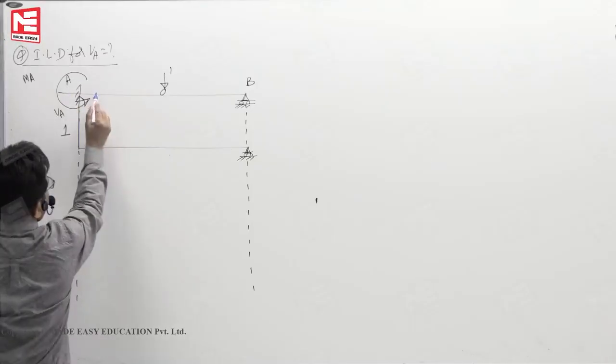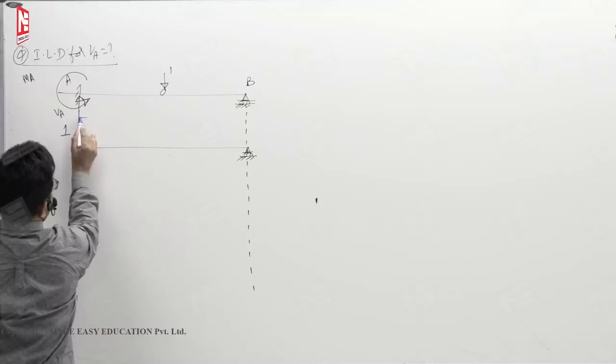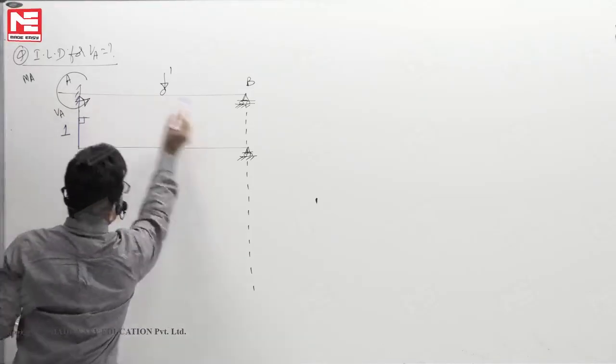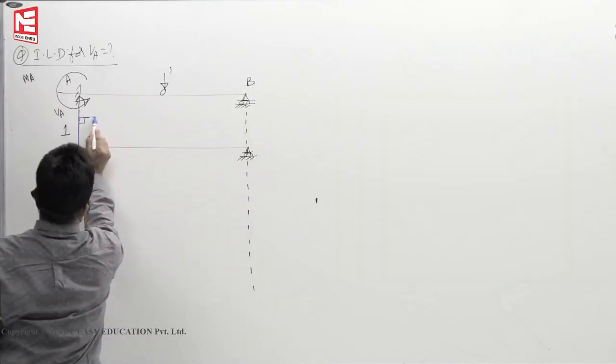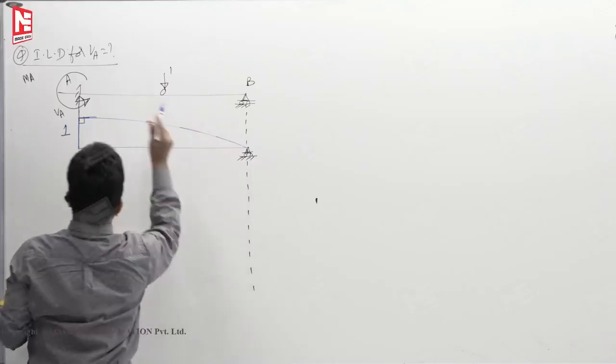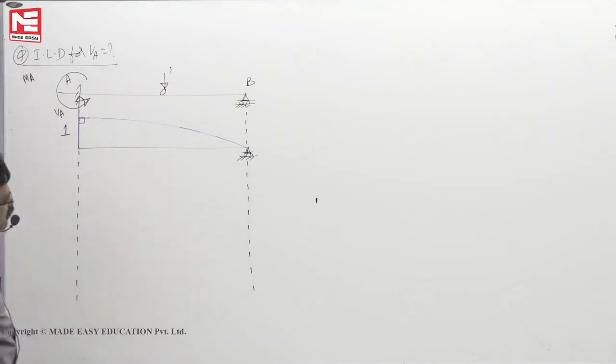Now, see, the moment we didn't remove is the fixed support. At the fixed support the slope is 0. So in the deflection profile, this 90 degrees you have to maintain. Now, it will bend like this. This is the deflection profile.